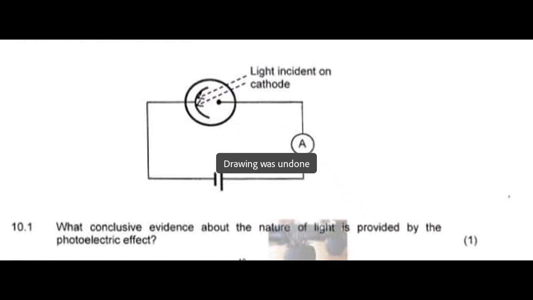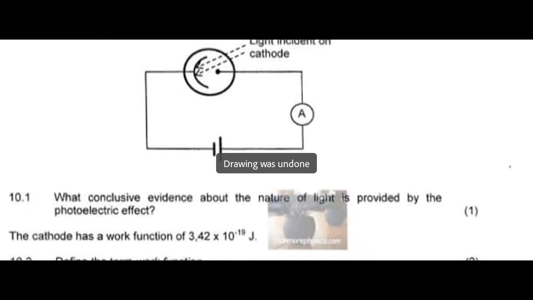So now let's look at the first question. They said, what conclusive evidence about the nature of light is provided by the photoelectric effect? Here they're just asking you which part of the nature of light. Remember, there is the dual nature of light: the wave nature and the particle nature.